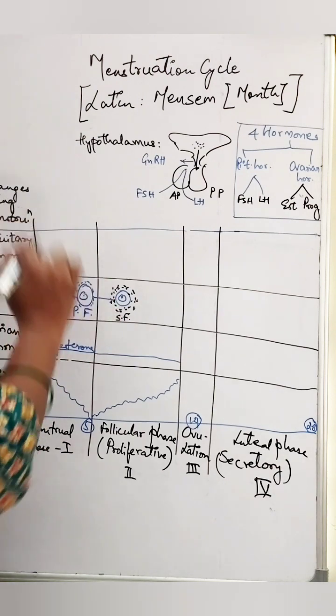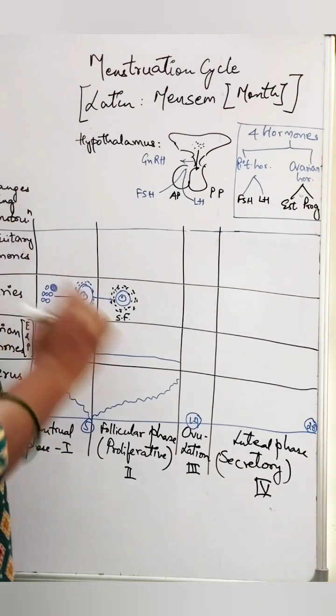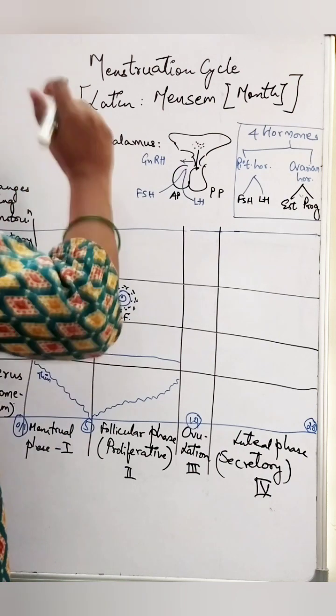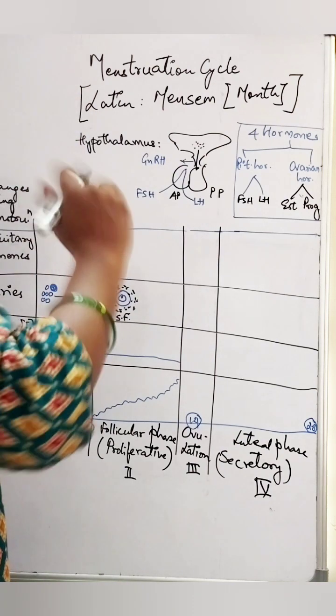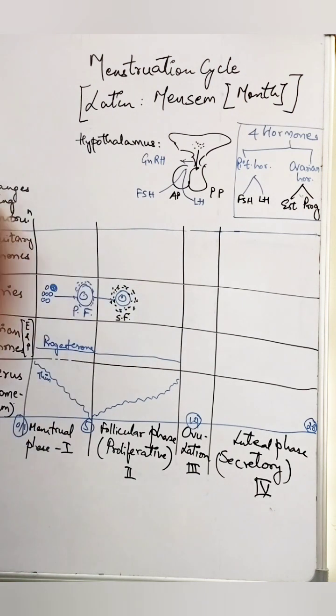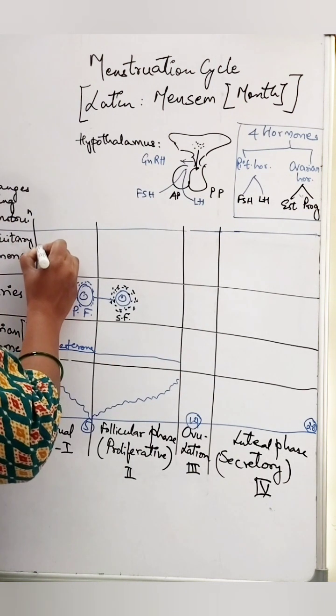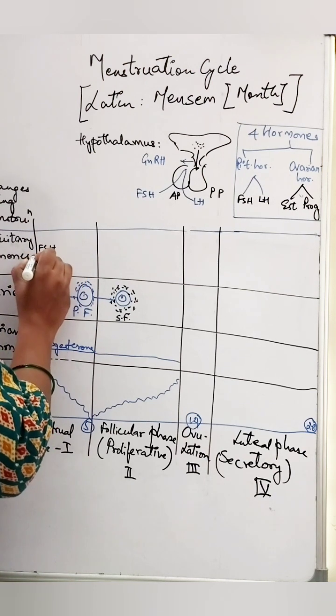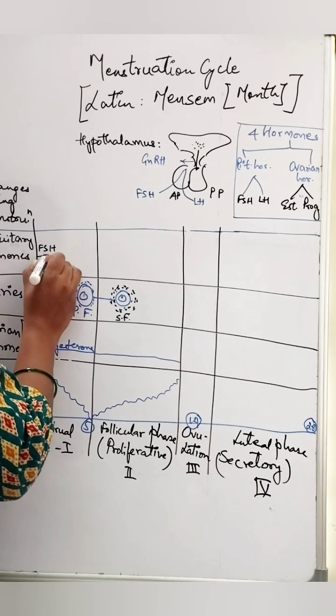So already FSH will be a little more in the bloodstream compared to LH. LH will not have a role here as of now. So I can say FSH, I will draw here, will be a little more initially.